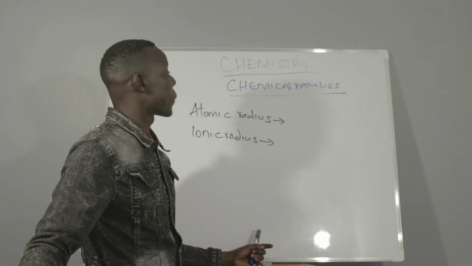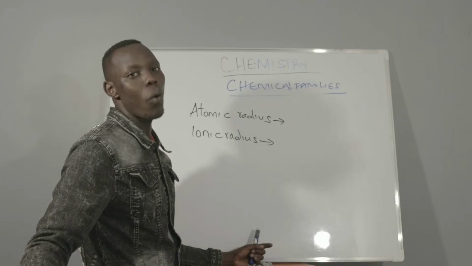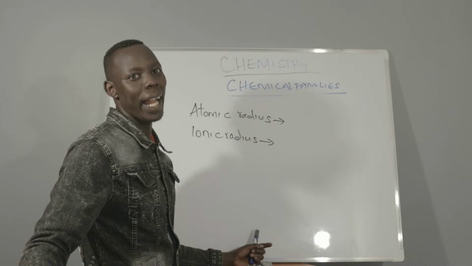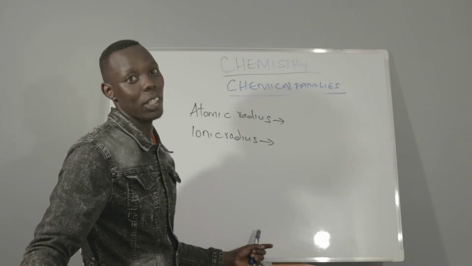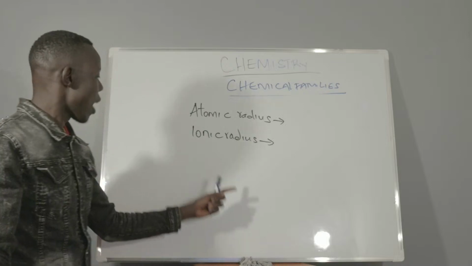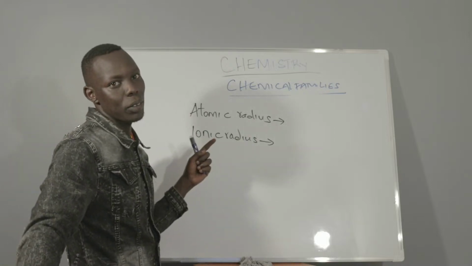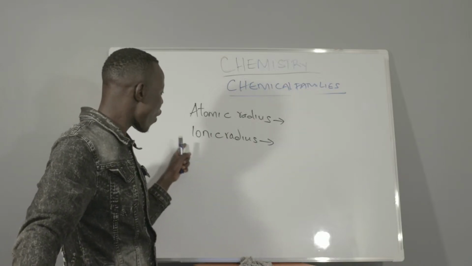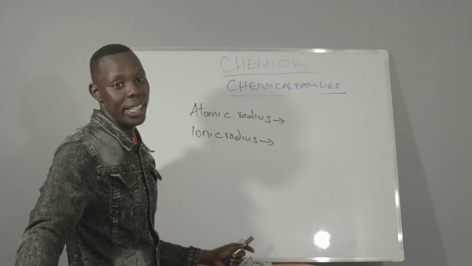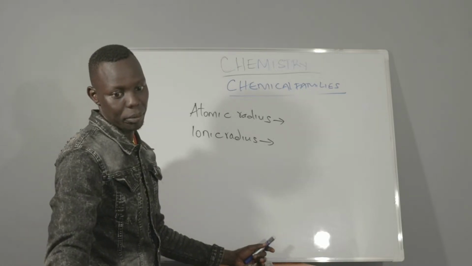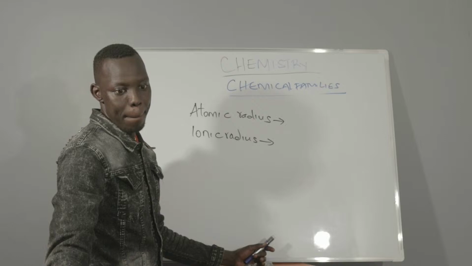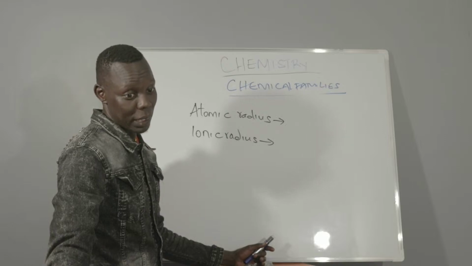The distance from the center of the nucleus of an atom to the outermost energy level, that is called atomic radius. But the distance from the center of the nucleus to the outermost energy level of an ion is called ionic radius. Hiyo ni kitu lazima ujue kwanza vizuri. Hiyo concept tumeelewa, right?